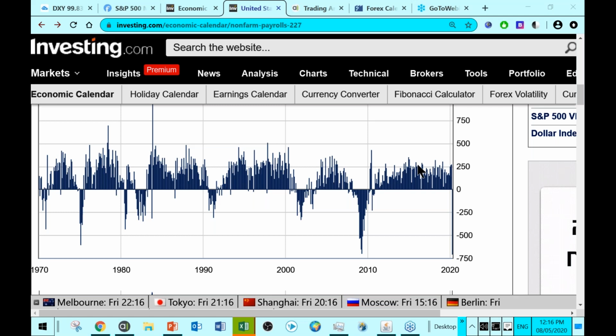Let's say it comes out a little less than 22 million. If it comes out worse than 22, let's say 25 million, 27 million, which is just more of a kick in the groin here, the dollar is surely going to weaken.